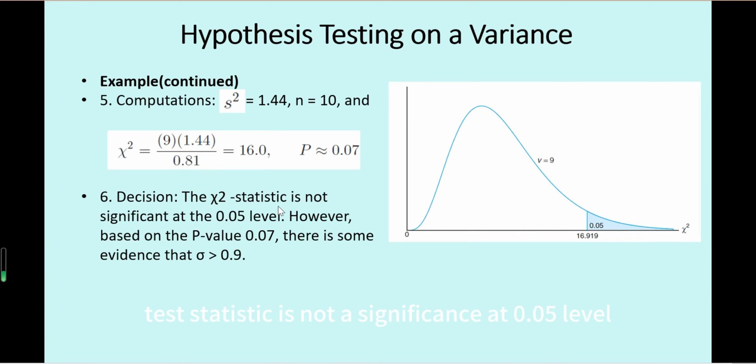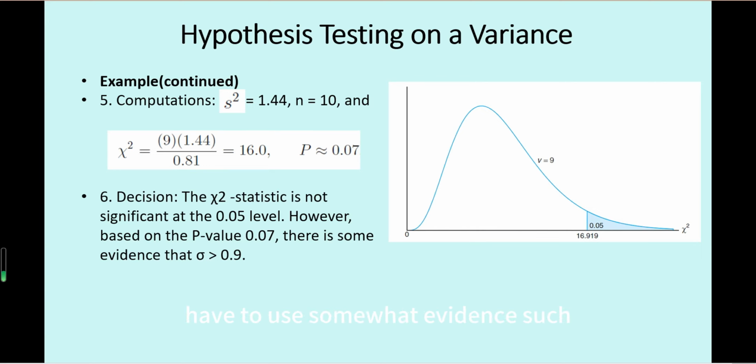The decision is, although the chi-square test statistic is not significant at the 0.05 level, based on the p-value of 0.07 and the test statistic being very close to the margin of the critical value, we can say that there is some evidence, because here we cannot use a strict yes or no notion.